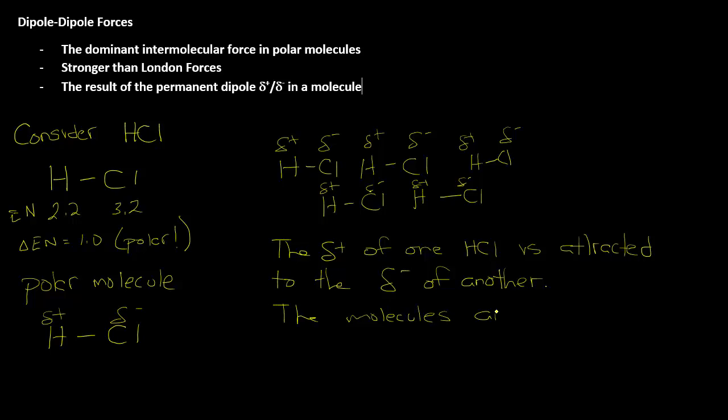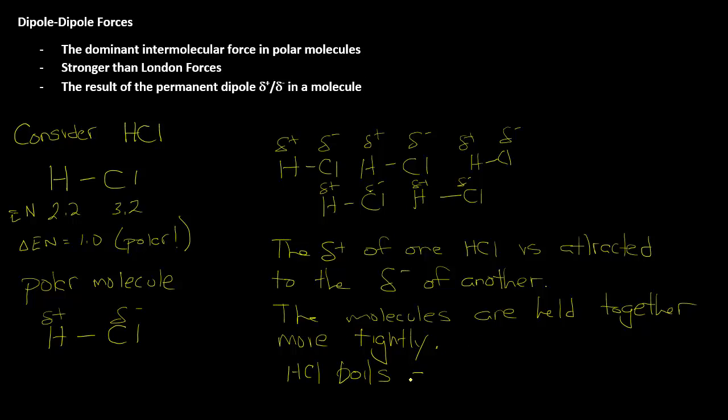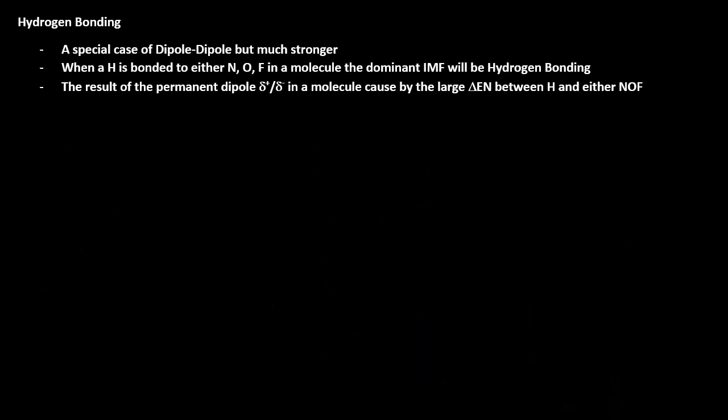Hydrogen chloride boils at minus 85 degrees, which is still exceptionally cold, but it's almost 200 degrees warmer than where H2 boiled. This is a result of the much stronger intermolecular interaction between adjacent HCl molecules.